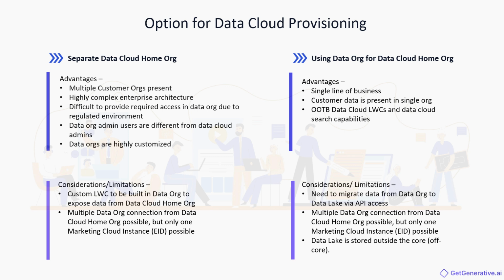You have a transactional database data center, then you have a data lake data center. This is common for both, no matter if you're going with a single org or multiple orgs. Another limitation is that Data Cloud can only connect with one Marketing Cloud instance. We're going to discuss this more in the topology, where we discuss one-to-N or N-to-one relationships from Salesforce Data Cloud to external systems.